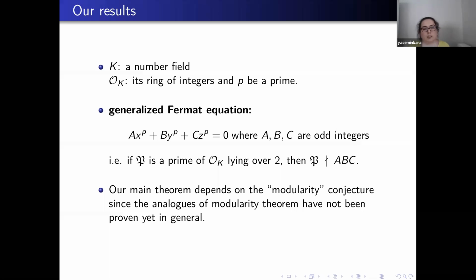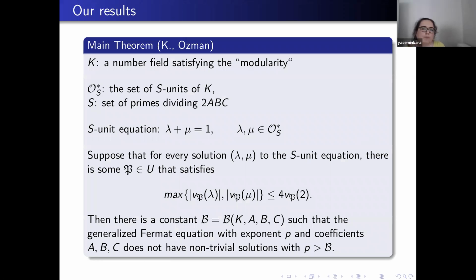So again, since we do not have the modularity for a general number field, we assume the conjecture. Okay, and then what we get with Ekin-Özman is the following theorem. You take a number field satisfying the modularity, and you have the set of S-units.